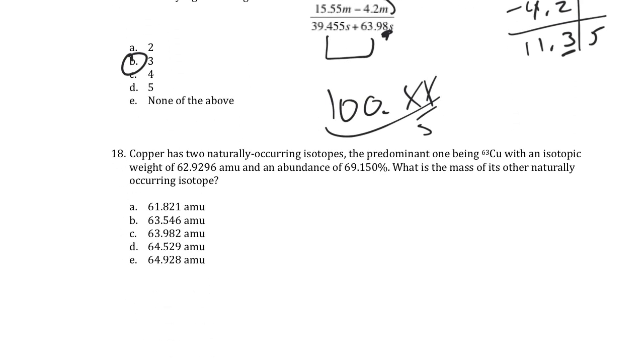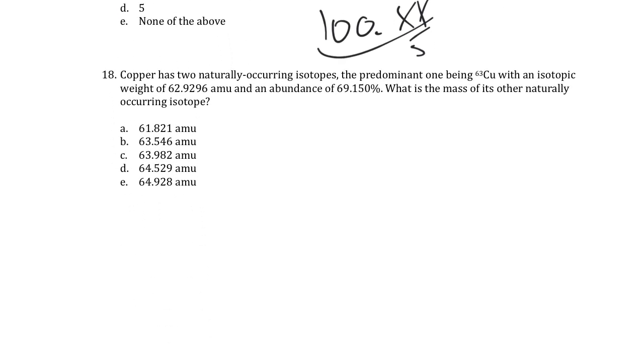So copper has 2 naturally occurring isotopes, the predominant one being copper-63. With the given isotopic mass and abundance, what is the mass of the other isotope?